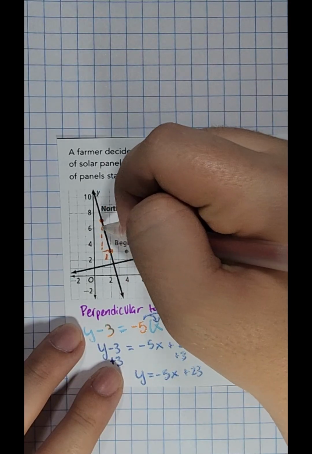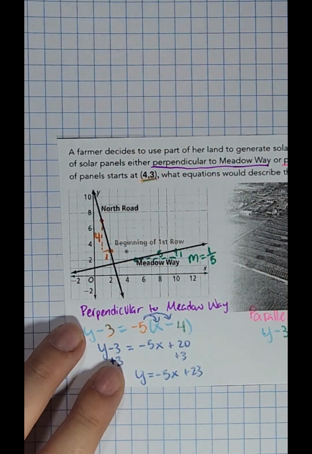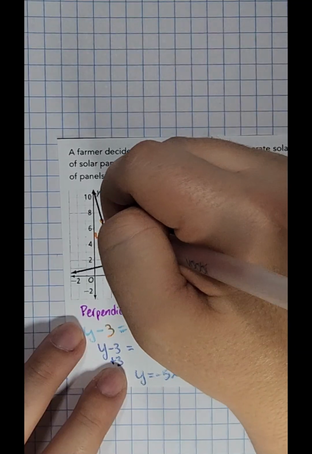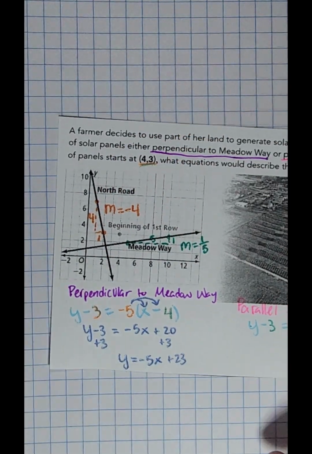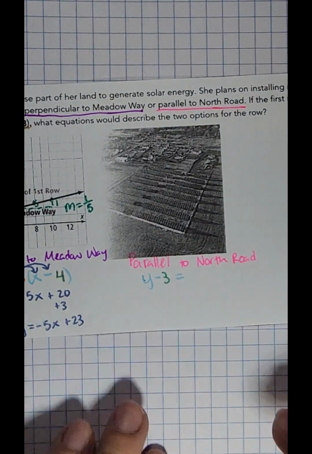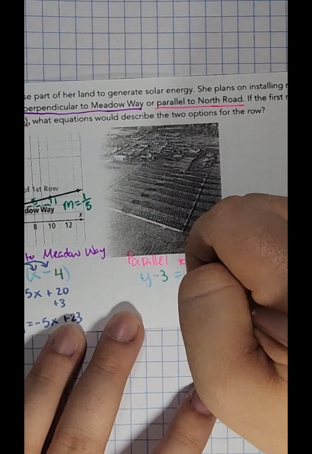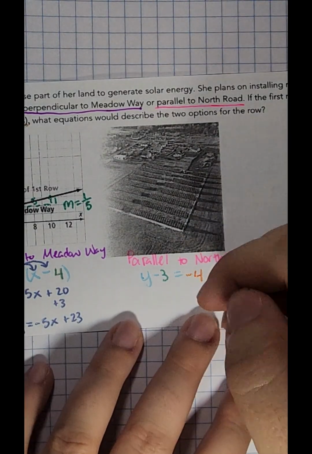We went over 1 and down 1, 2, 3, 4. Because we went down 4 and over 1, that means that our slope is equal to -4. So when we're finding this equation for the line, our slope for parallel will be the same, so we have a slope of -4.